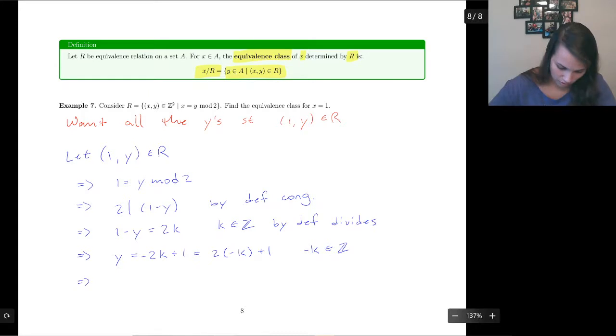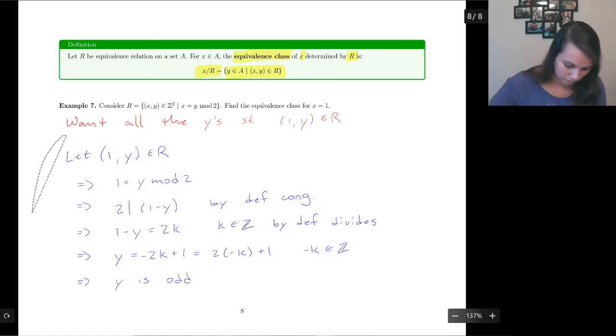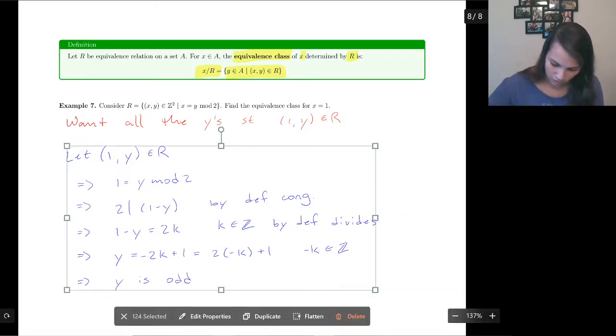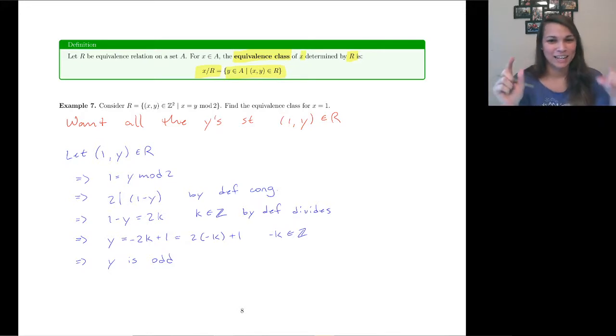So then y is odd. So what have I proven so far? I've said that if it's going to be in the equivalence class, then it's going to have to be odd.